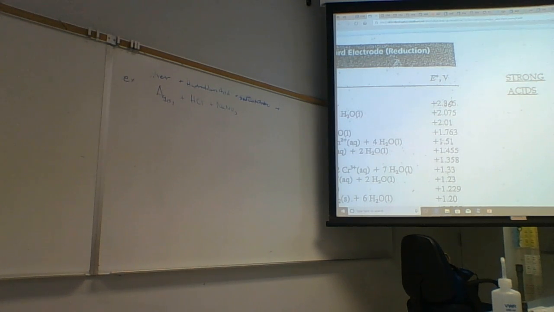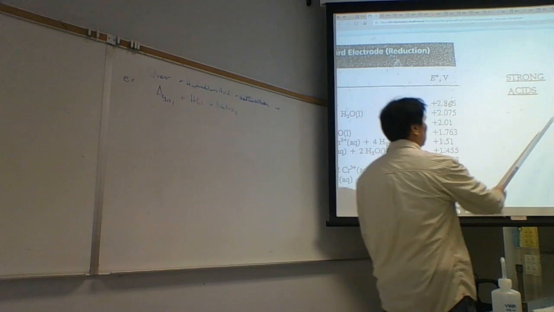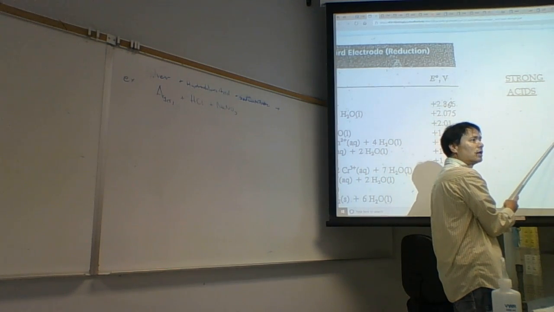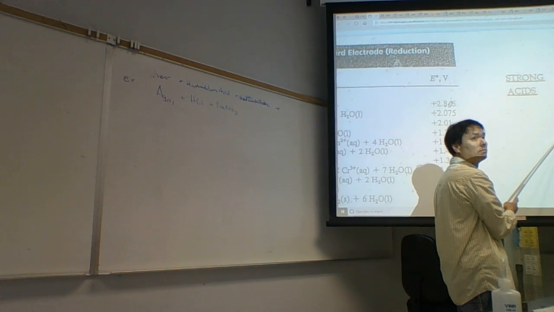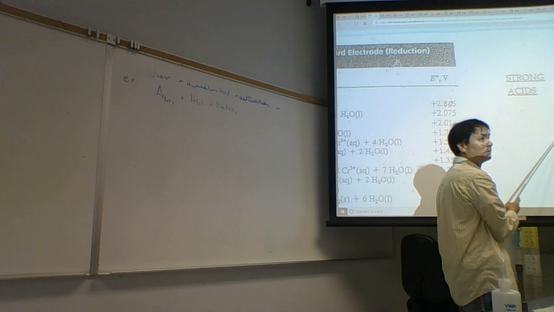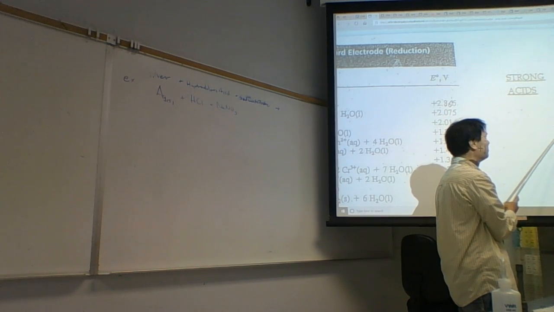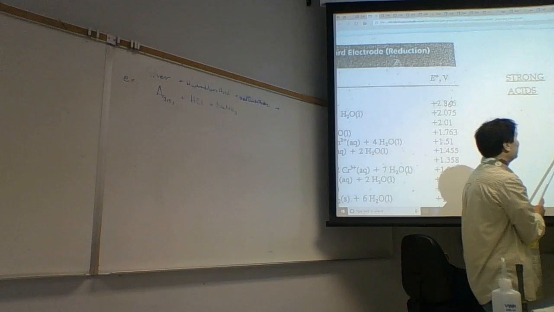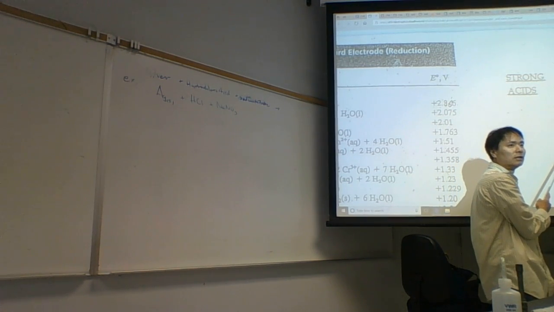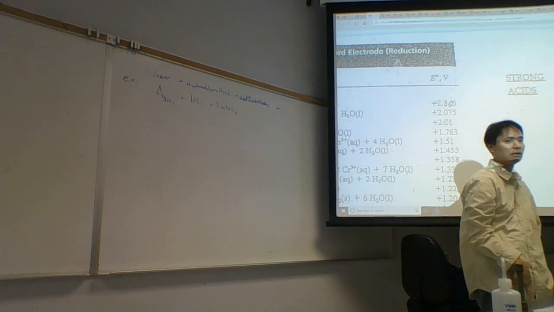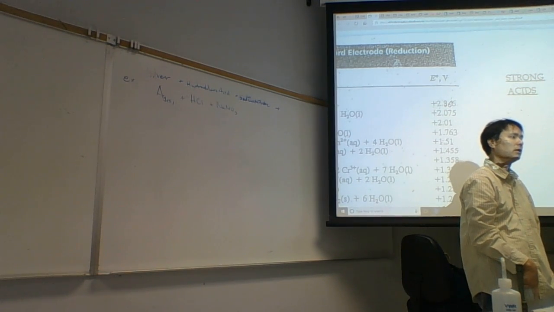Everybody agrees that hydrochloric is a stronger acid than nitric acid? No. Yes, it is. It is, but not in water. Not in water because of the, what do we call it?